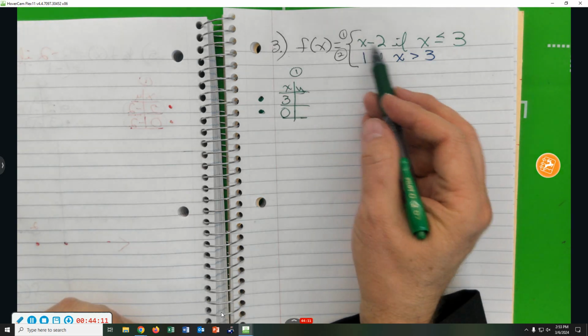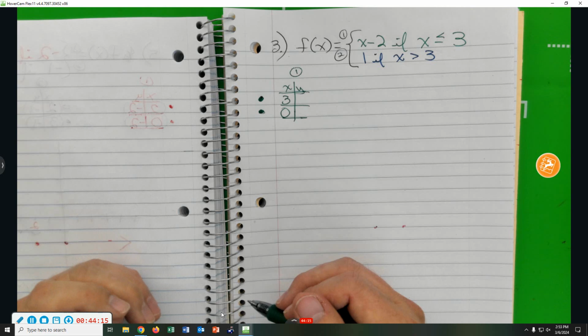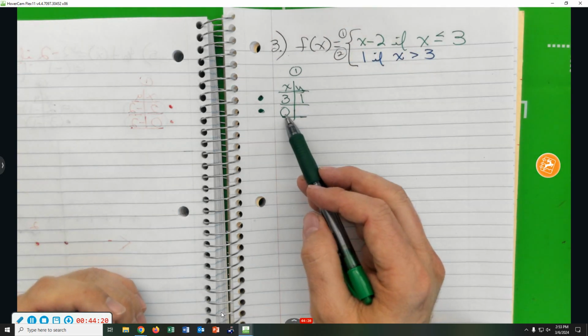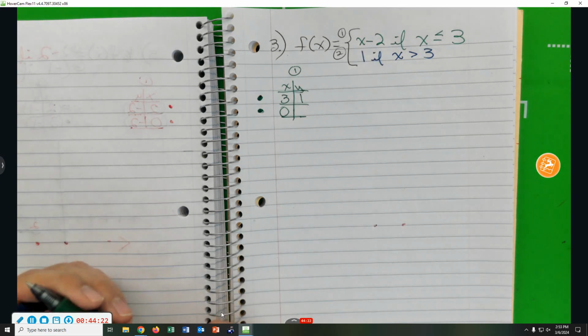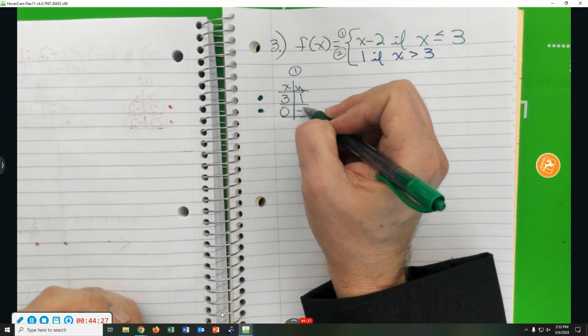Plugging 3 into the green piece, what are we going to get? 3 minus 2 is 1. Plugging in 0, 0 minus 2 is -2.